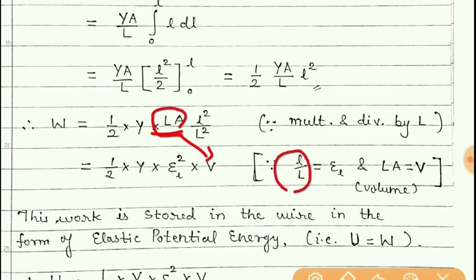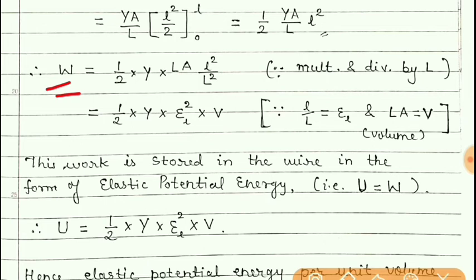And what is l by L? This small l is nothing but the change in the length. So change in length upon original length is nothing but strain, longitudinal strain. And here there is a square, so we can write this as epsilon square.